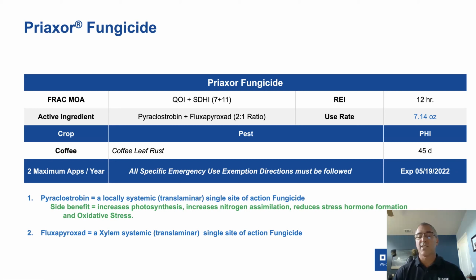So the plant is bringing up and making plant parts out of nitrogen faster than it normally would. It's also making more carbohydrates faster than it normally would. And we also reduce stress hormone formation, most importantly, ethylene and abscisic acid. We also reduce oxidative stress.